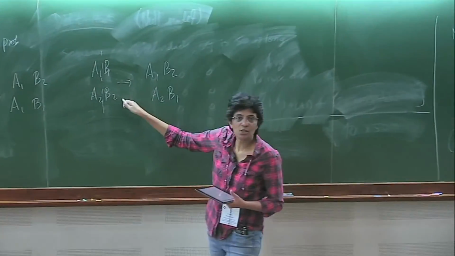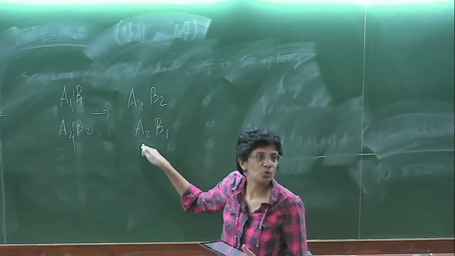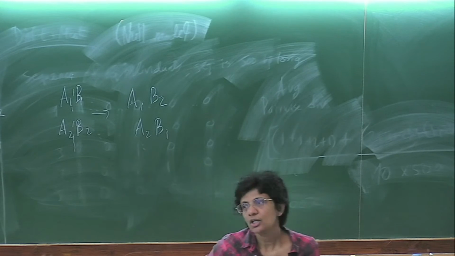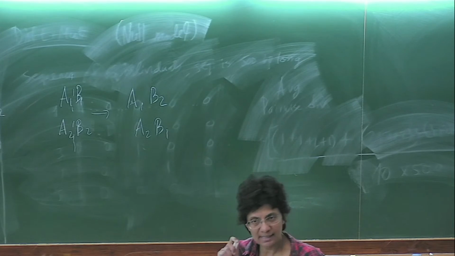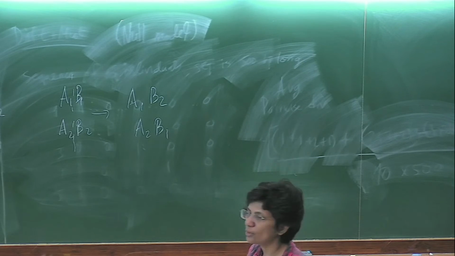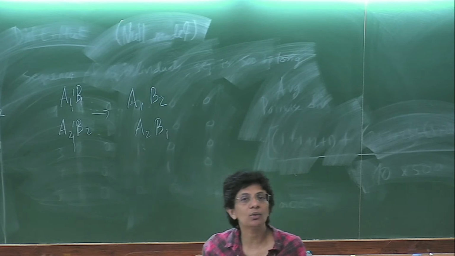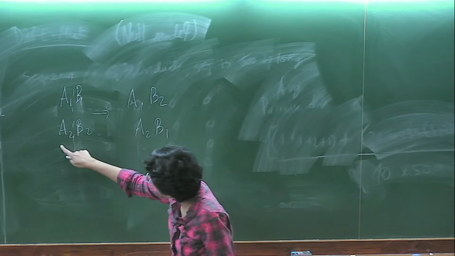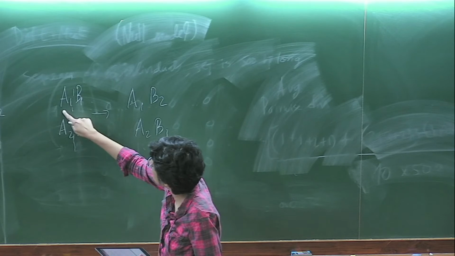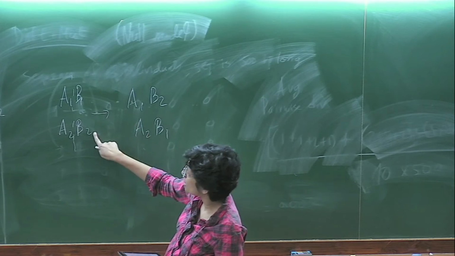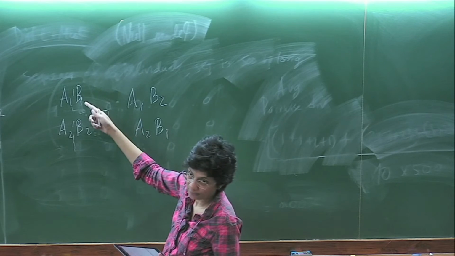You destroyed these two and got these two new ones. Those are the kind of things we are looking for. You can work it out, slightly involved, writing all the frequencies of all these genotypes and seeing how the frequency of this combination will decrease because of this recombination. It can also increase.